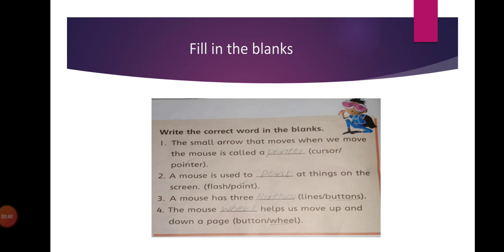Okay student, the small arrow that moves when we move the mouse is called a pointer. Okay students, we choose the pointer option for that statement. And the second statement is the mouse is used to point at things on the screen. And the third statement is the mouse has 3 buttons.